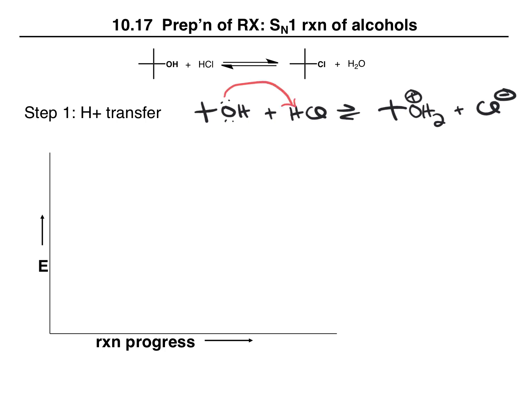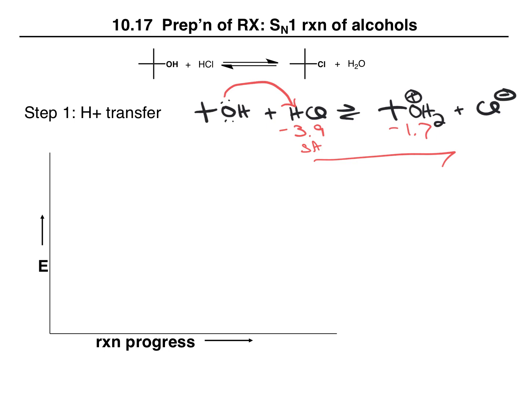So we're talking about an acid-base reaction, which means we need to think about pKa values. So hydrochloric acid has a pKa of negative 3.9, and protonated t-butyl alcohol has a pKa of negative 1.7. And so this is the stronger acid with a smaller pKa, therefore equilibrium lies to the right.